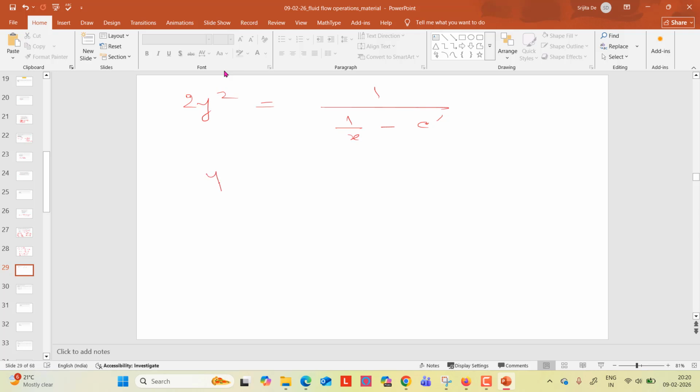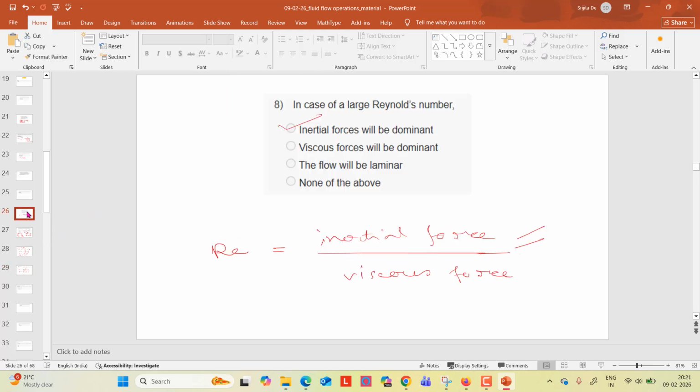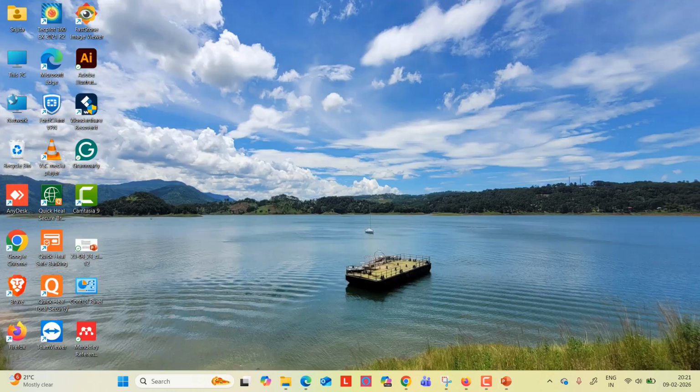So y square equals 1 by 2 into 1 by x minus c prime, and y equals root under 1 by 2 into 1 by x minus c prime. Is this coming? Is it there? y equals 1 by 2 into 1 by x. So yes, this is option B, right? This is option B.